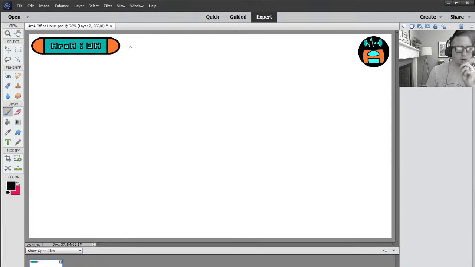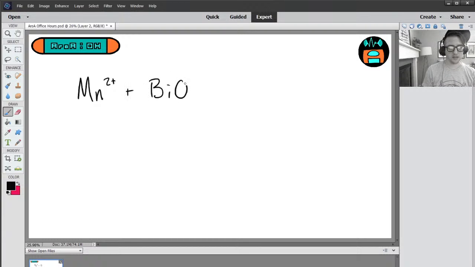So for all of these problems, we're going to identify the oxidizing agent, reducing agents, and we are going to write a balanced chemical equation for the redox reaction. So let's go ahead and start with a reaction between manganese 2+ and BiO3 with a charge of -1.